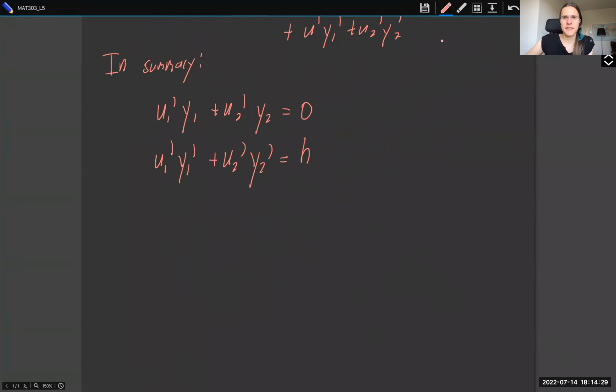And what I can do is I can take this system of equations and I can rewrite it as a matrix multiplication problem.